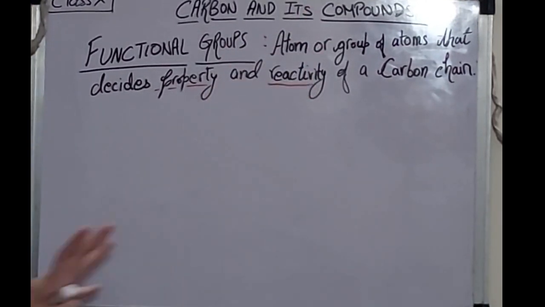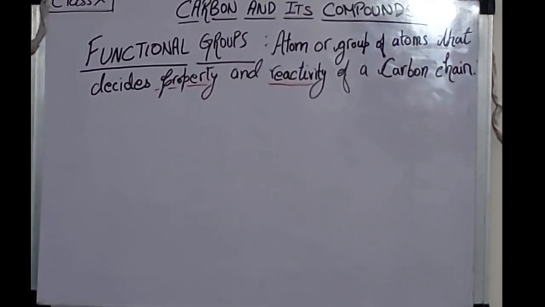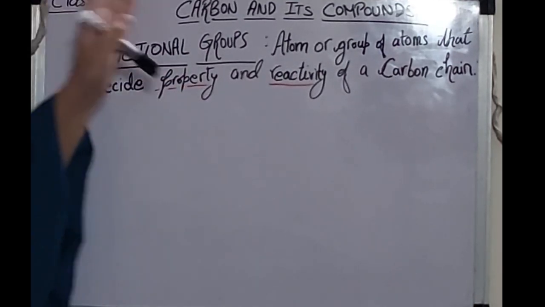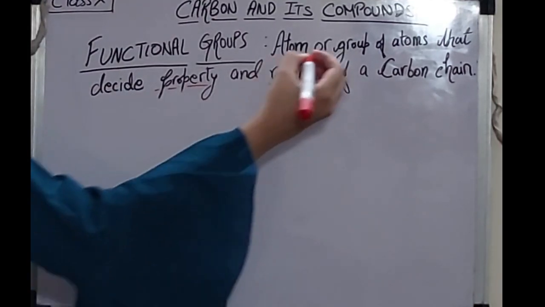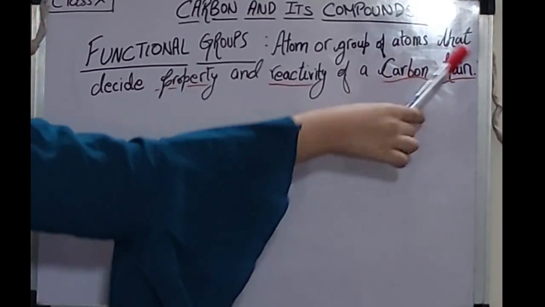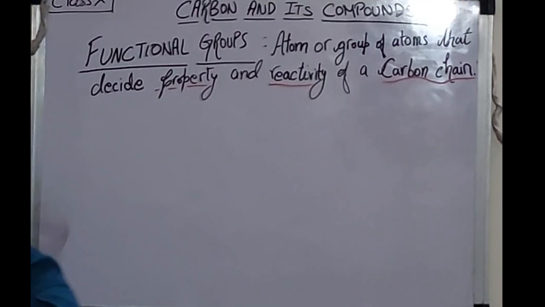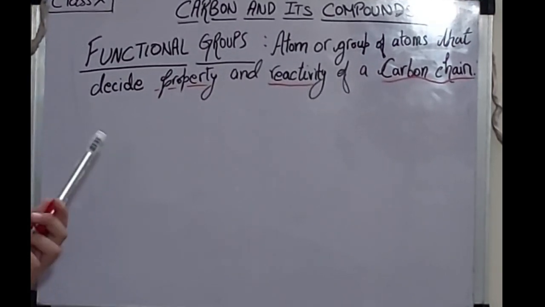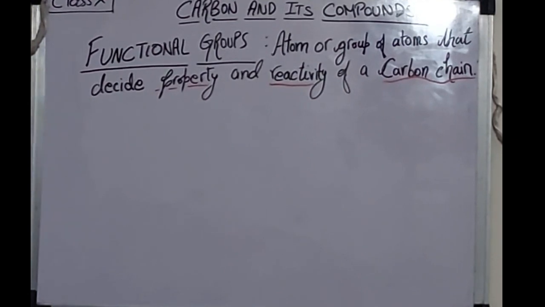A group of atoms that decides property and reactivity of a carbon chain. I know it is not perfect, but okay, let us say. Now, what do I mean by a group of atoms that decides property and reactivity of a carbon chain?